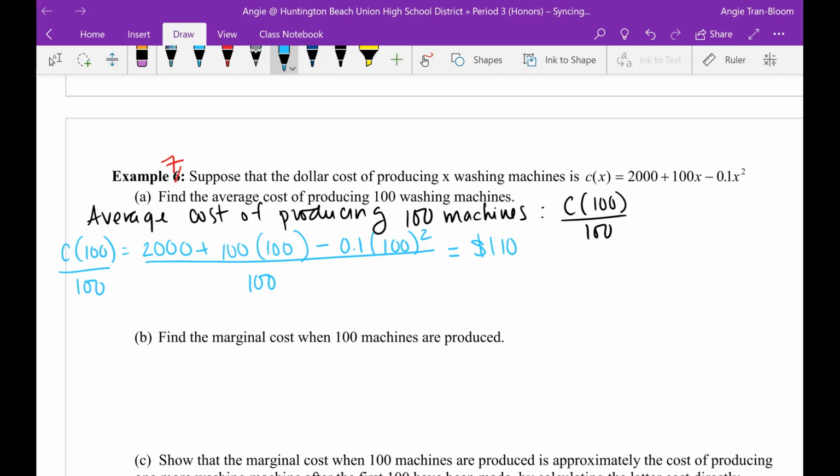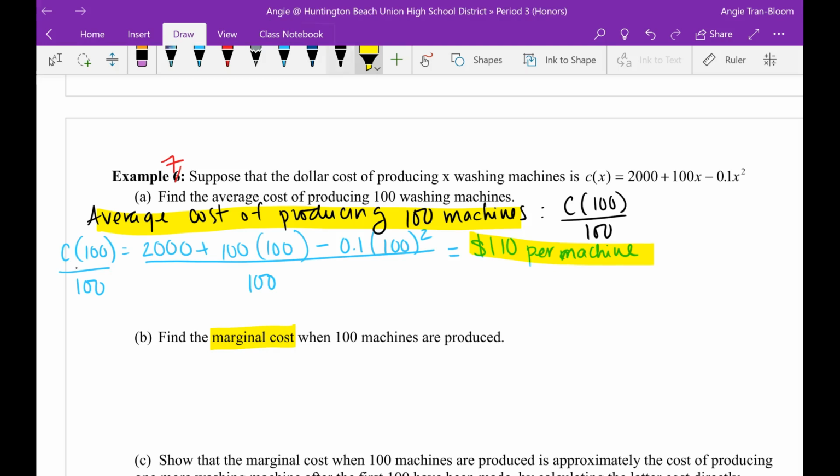Now, this is $110 per machine on average. Remember, it's not producing one more machine, it's on average. Keep that in mind. So the average cost of producing one of the machines is $110 per machine. Now, part B is slightly different, as you can see. Part B says find the marginal cost when 100 machines are produced.